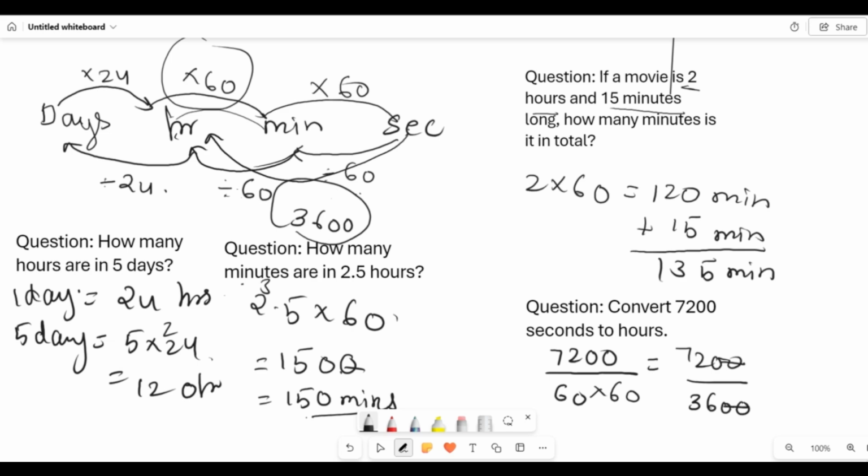The zeros will get cancelled. Now you can do it directly with the table of 36. 6 times 6 is 36, 6 ones are 6, 6 twos are 12. So 7200 seconds is nothing but 2 hours.